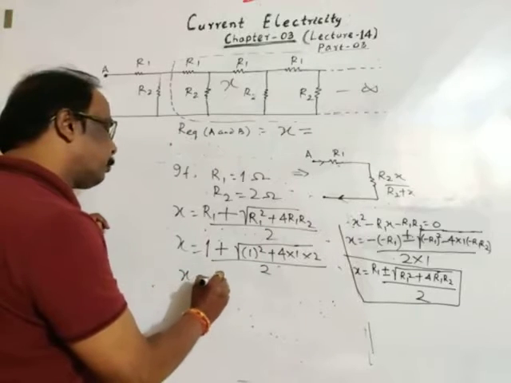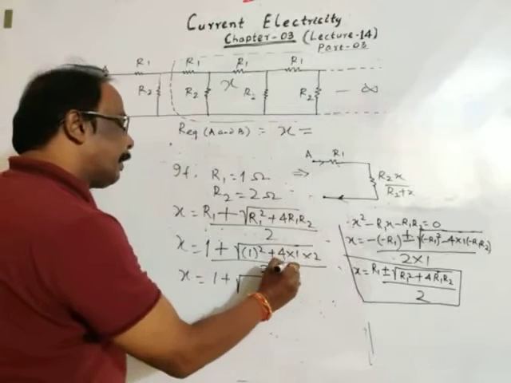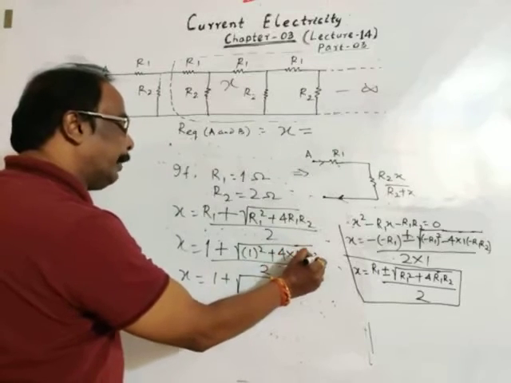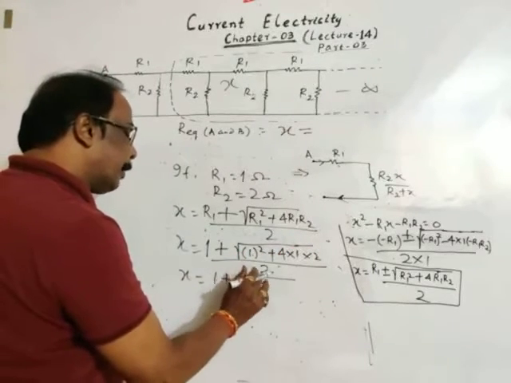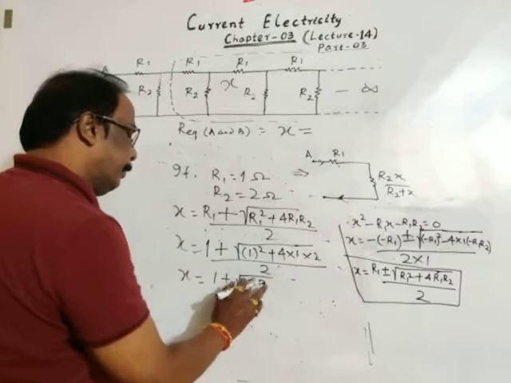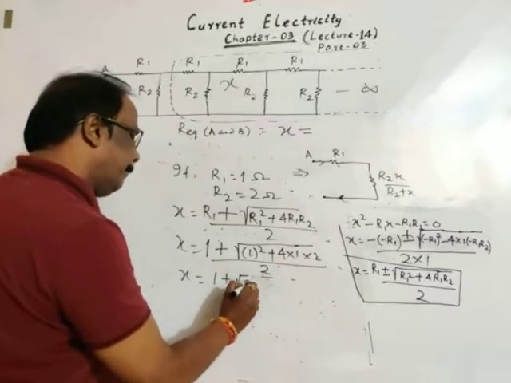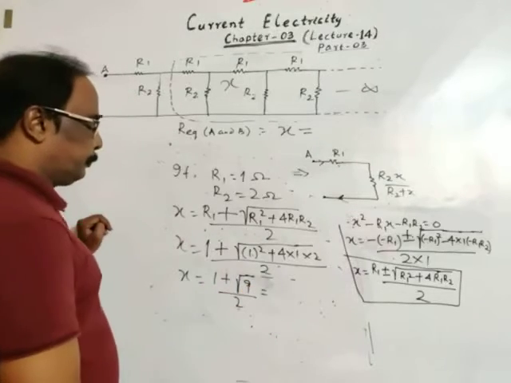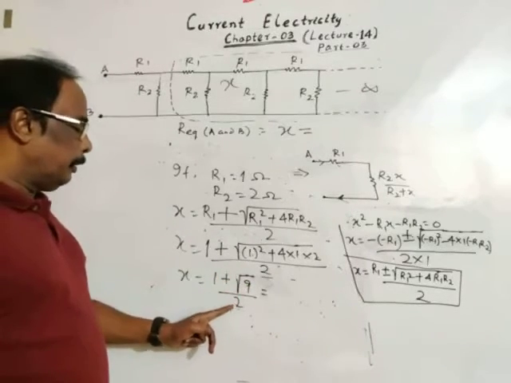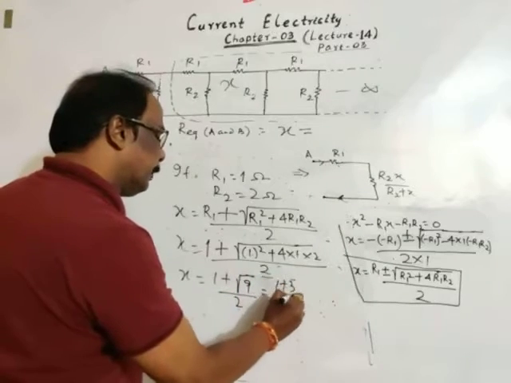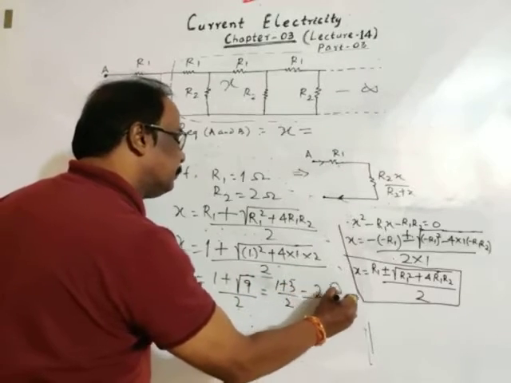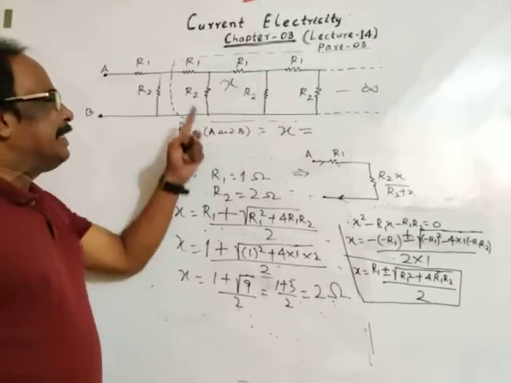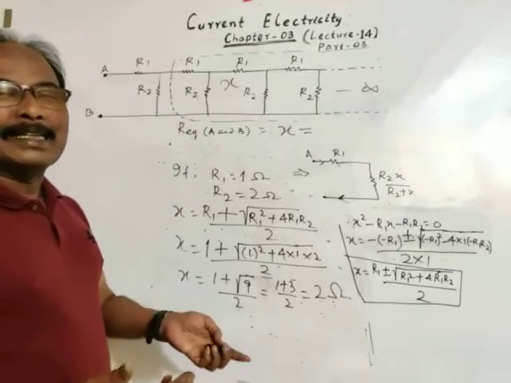X is equal to 1 plus square root of 1 plus 8, that is 9, root of 9, whole divided by 2. So 1 plus 3 divided by 2 means 2 ohm is the final answer. For this case X is 2 ohm. Okay. This is one part.